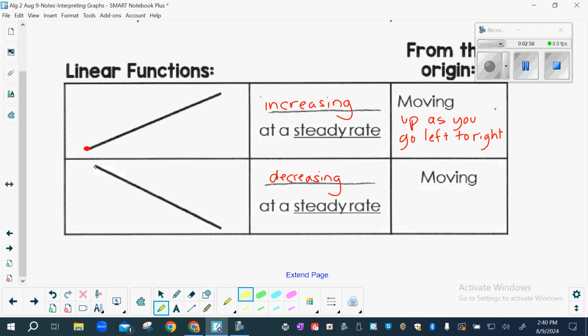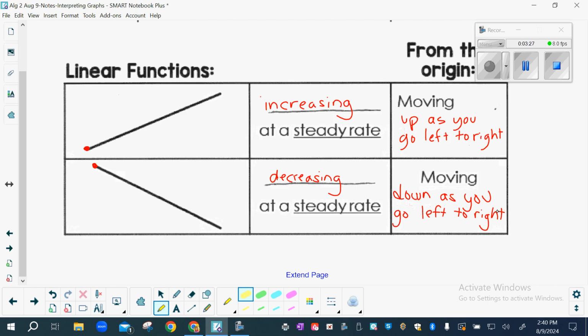From the origin, the origin would be on the left, moving down. So these shapes will be on a graph, and that's why we're talking about them. We're going to be interpreting them according to what's on the axes of the graph.